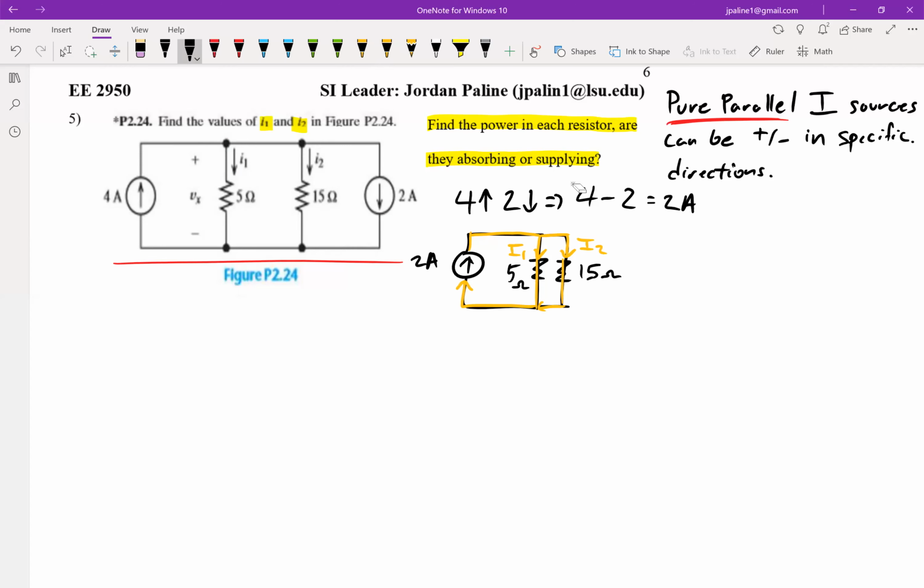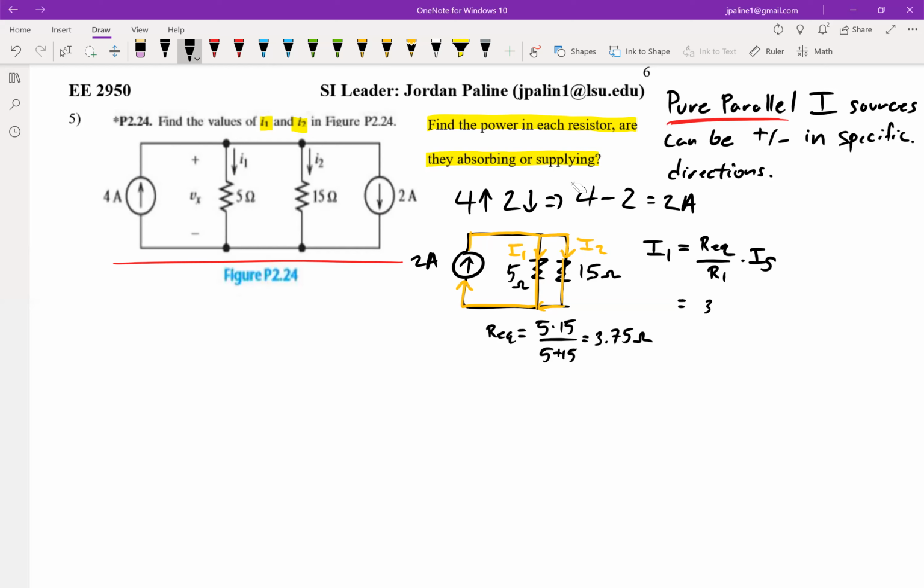Okay, and then all we had to do from here is do a quick current division. So for current division, we'll say I1 is equal to R equivalent over R1 times I of S. So R equivalent will be equal to 5 times 15 over 5 plus 15, this will give us 3.75 ohms.